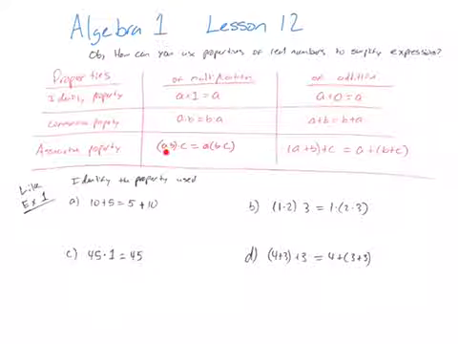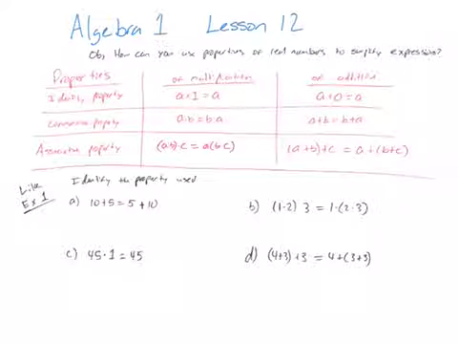A and B are hanging out here, B and C are hanging out. So B has chosen to associate with someone else first. Same idea, associative property of addition, A plus B plus C is the same thing as A plus B plus C. So again, B has just chosen a different person to associate with.